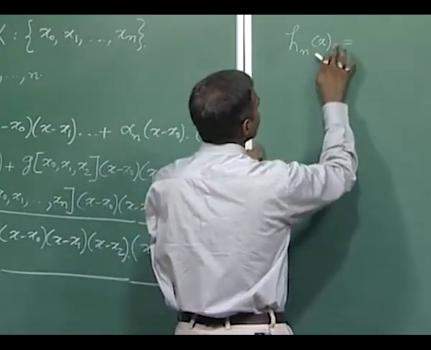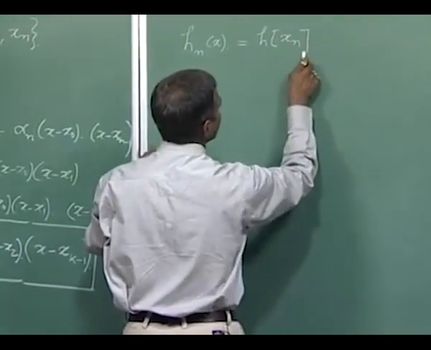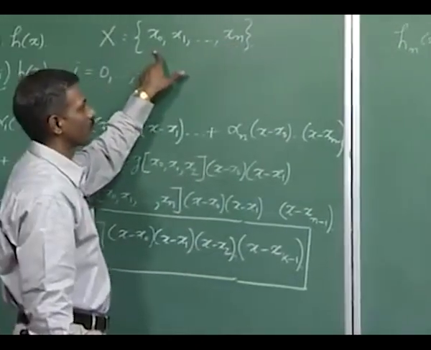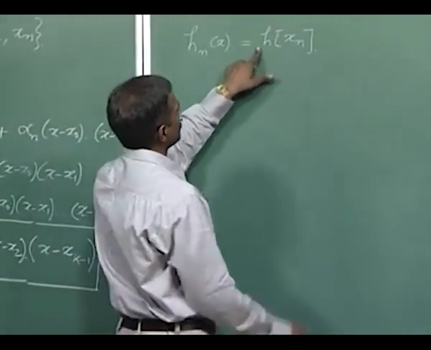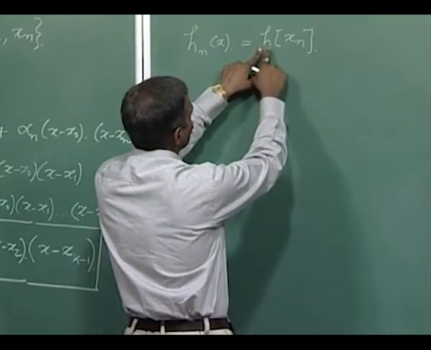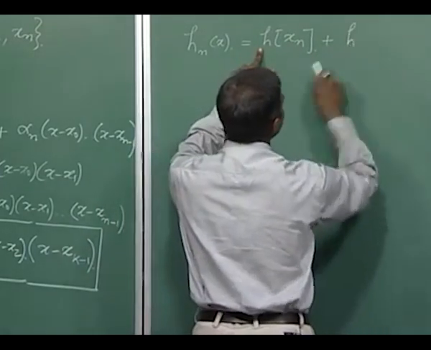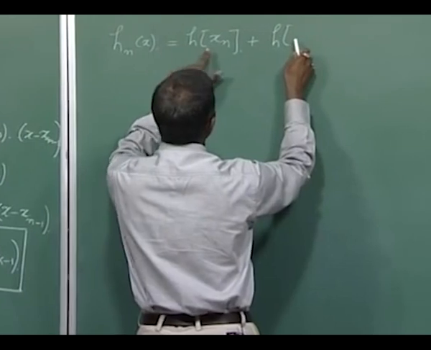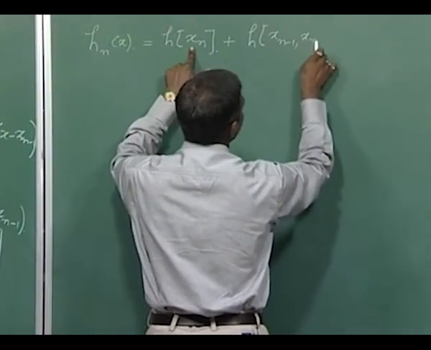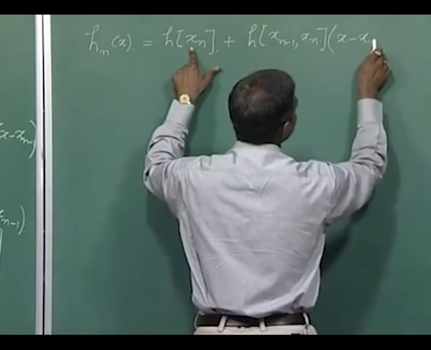This is equal to h of xn. We would want to be careful because we are working with the reversed order now. H of xn is the 0th divided difference, that is the value of h at x sub n, plus the first divided difference involving xn minus 1 and xn, times x minus xn.